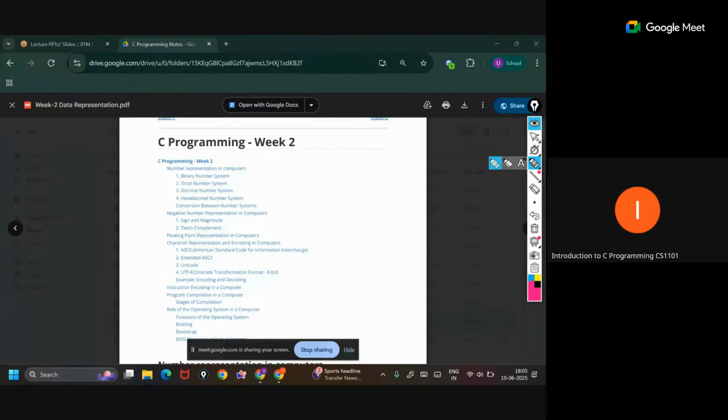Okay. So there is binary, octal, and hexadecimal. Octal in the sense of base 8, hexadecimal is base 16, and binary is base 2.